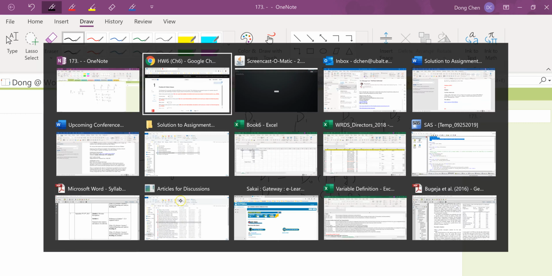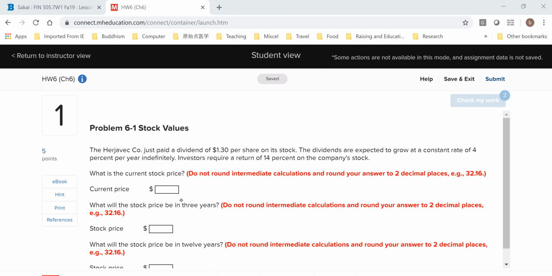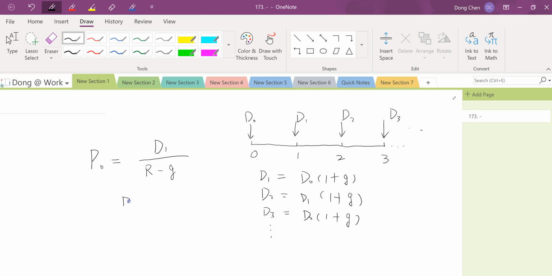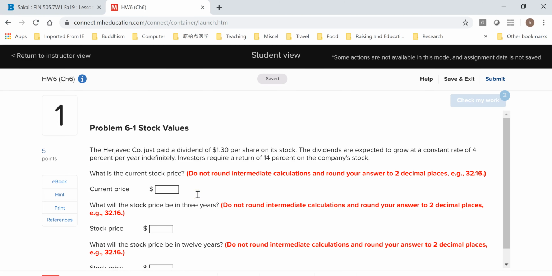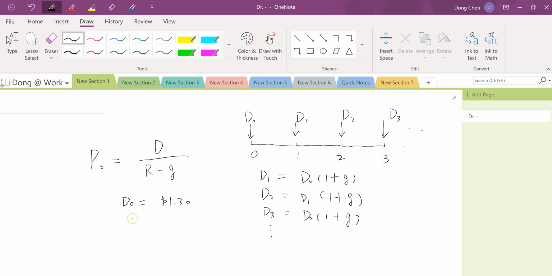So because it said just paid, that means D0, not D1, that equals $1.30. Right? So let's continue to read. The dividends are expected to grow at a constant rate of 4%. So that simply tells us this small g is 4%.